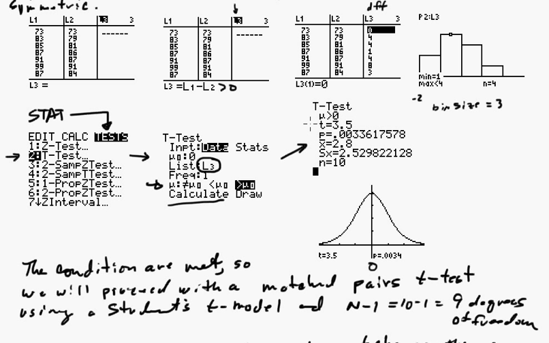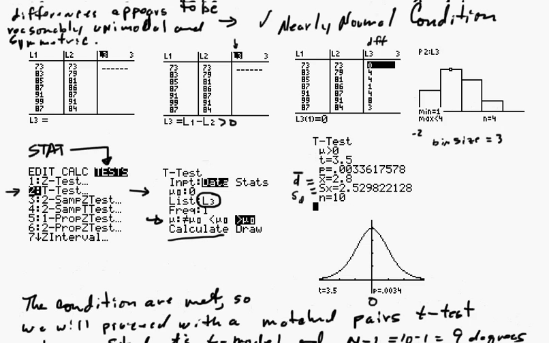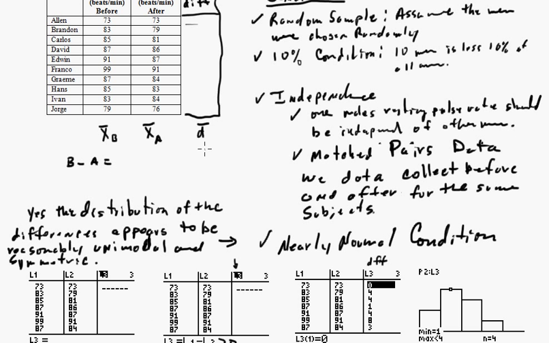So we've got our t-value, and we've got our p-value, and in x bar, this is actually d bar for our notation, and in sx is actually the standard deviation. Okay, so what we're talking about is over here, the results of this data are right here. You could do one variable stats, by the way, and get this. That's a simple way of just getting these results quickly.